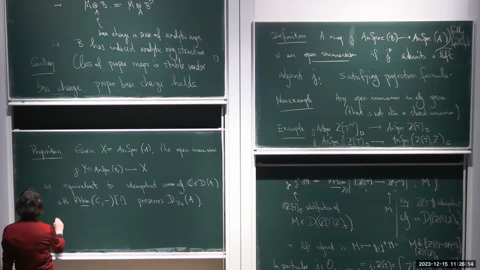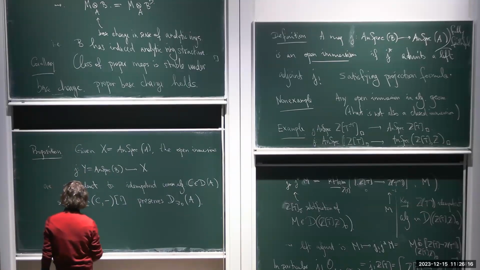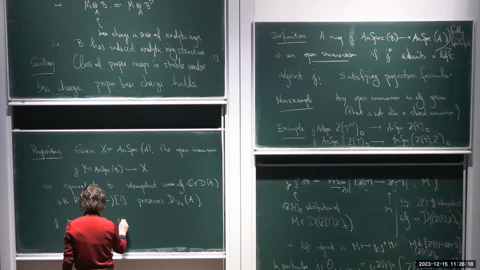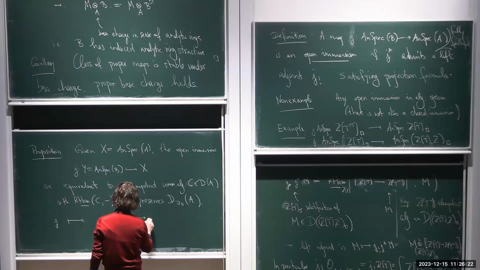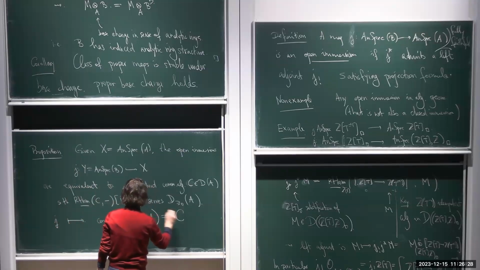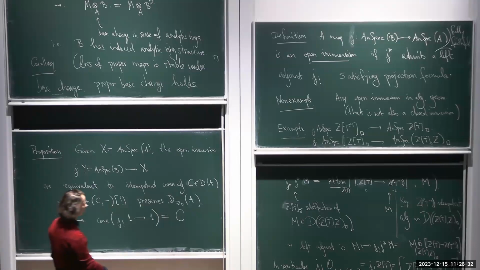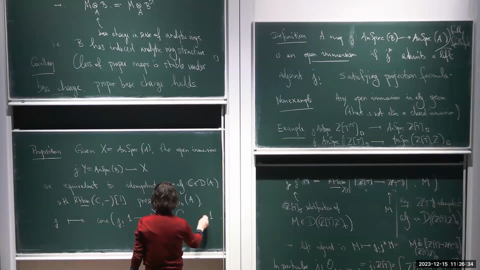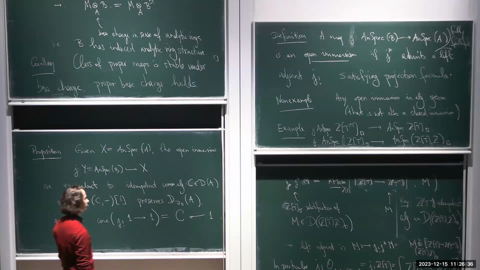So here j maps to the following. You can take j lower shriek of the unit, and this will always map back to the unit, and the cone of that map you can check is always an idempotent algebra. So to supply an idempotent algebra, you actually have to supply only little data.